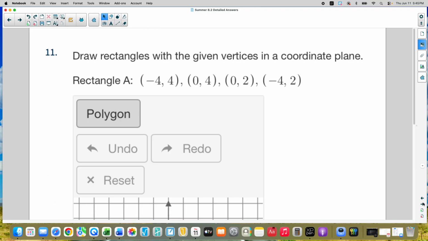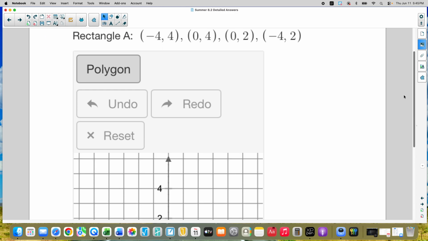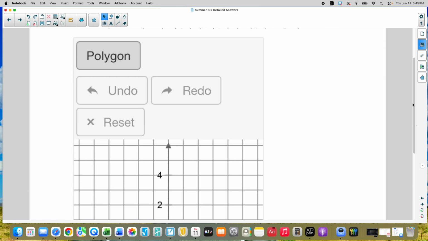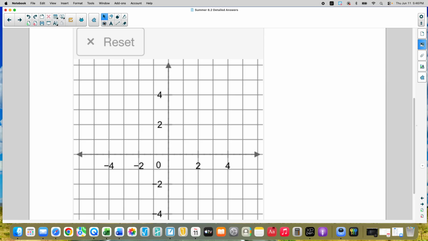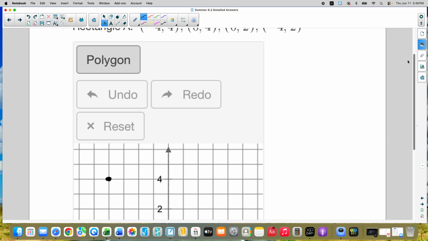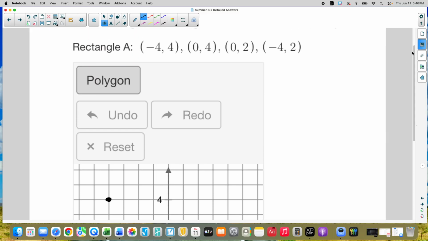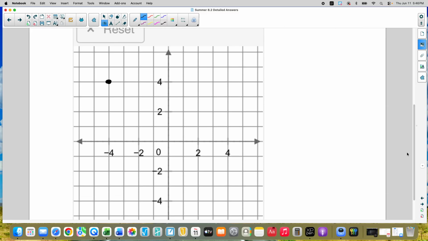Draw rectangles with the given vertices in a coordinate plane. Okay, let's do negative 4, 4. Negative 4, 4 takes us here. And then 0, 4.